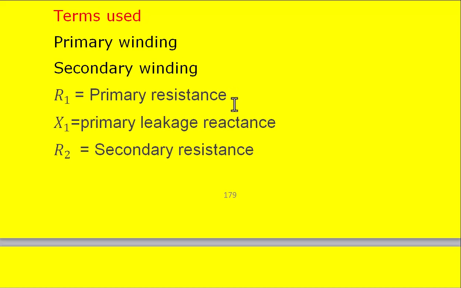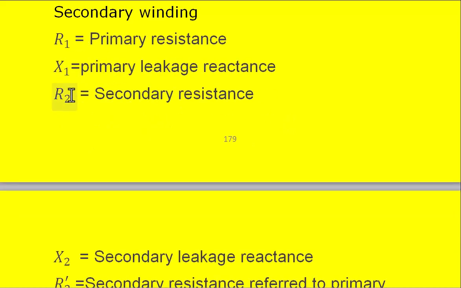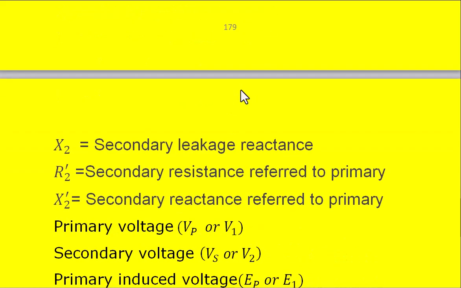Next, R1. R1 is nothing but primary winding resistance, which is normally negligible. Next, X1 is the primary winding leakage reactance. This is also normally negligible. R2 is the secondary winding resistance.